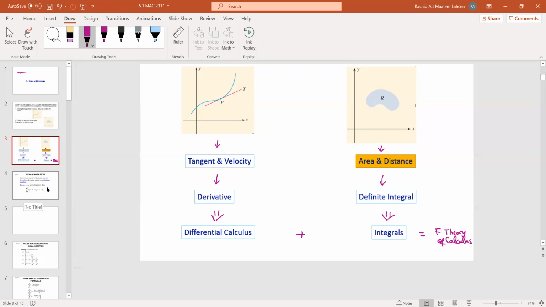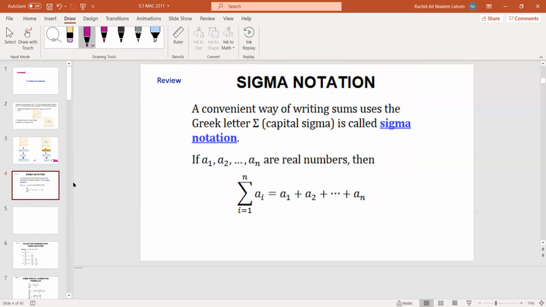So before we do that, in pre-calculus, often this sigma notation is done, but if you don't remember it, it's okay. We're going to review it. If you see this sigma notation, it means summation, right?